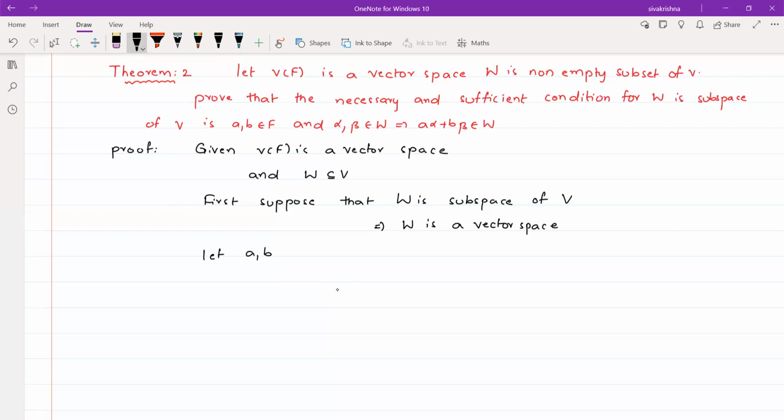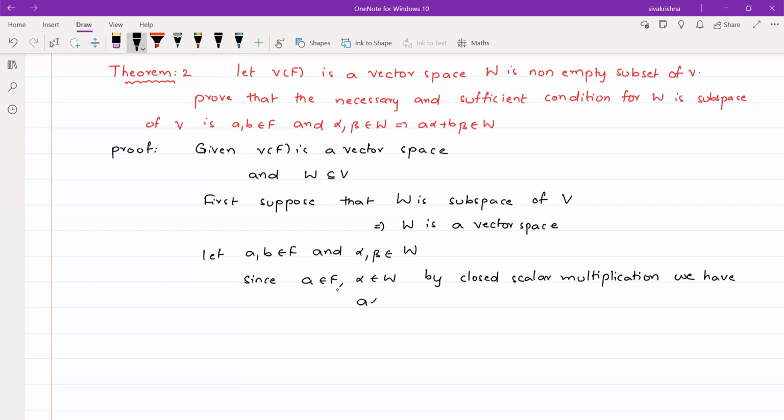Okay, right. So now we have to prove the condition, so we have to consider two elements. Let a, b from F and alpha, beta from W. So we have to prove that a alpha plus b beta belongs to W. Okay, so since a belongs to F, alpha belongs to W, by closed scalar multiplication property, we have a alpha belongs to W. Yes, by the definition of vector space, second condition.